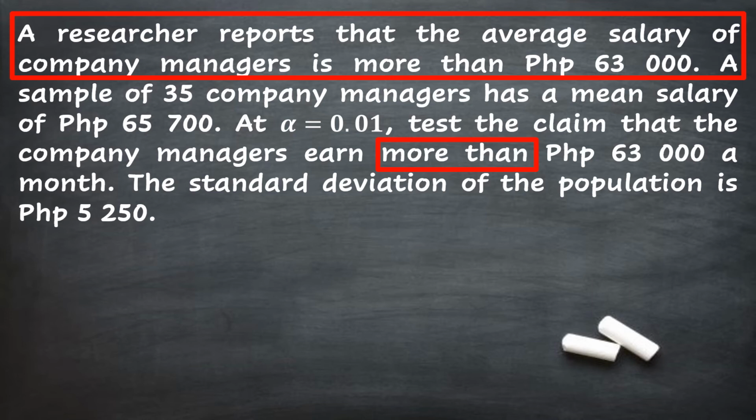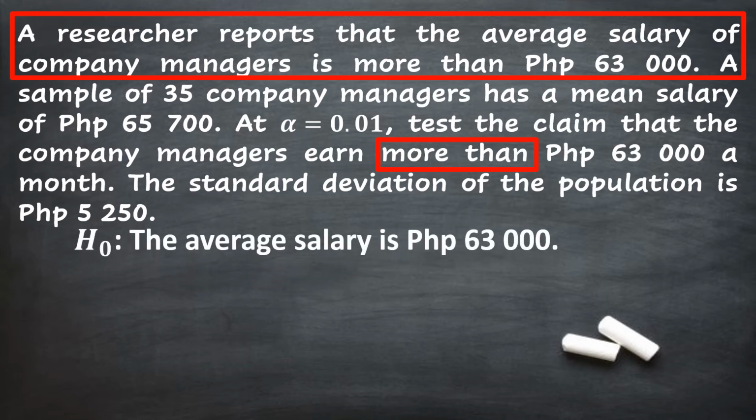Kasi nga po, ang kiniklaim natin for null hypothesis ay there's no significant difference, relationship, or effect in any two given variables. So para ganun yung lagi mong ma-imply na there is no significant difference, relationship, or effect, we have to use the concept of equality.